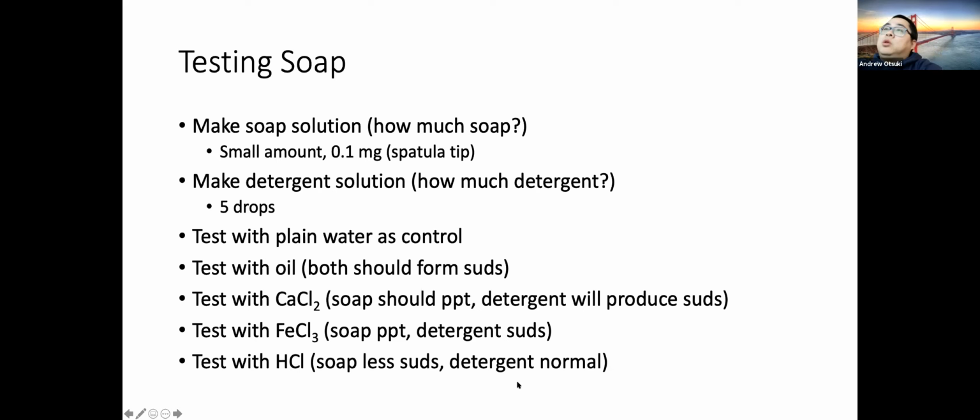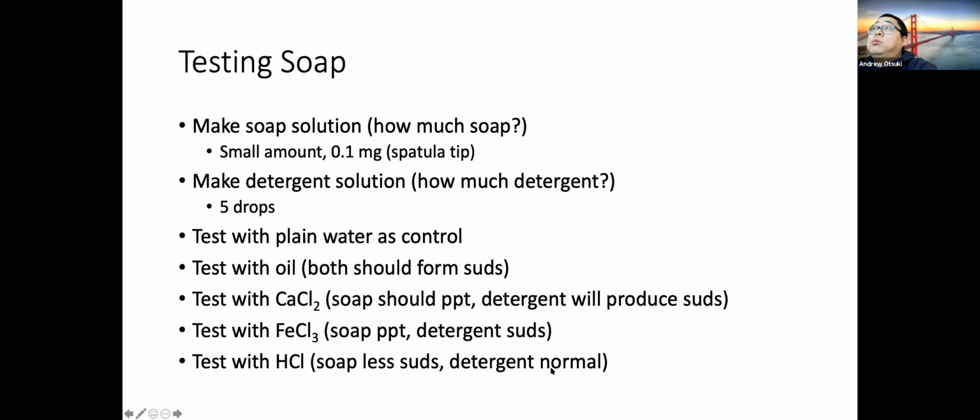All right, detergent should act as normal. It won't do anything, because remember, the pKa of a carboxylic acid is around 5, so it has some equilibrium with its conjugate acid. But sulfonic acids are such strong acids that they don't want to be protonated.